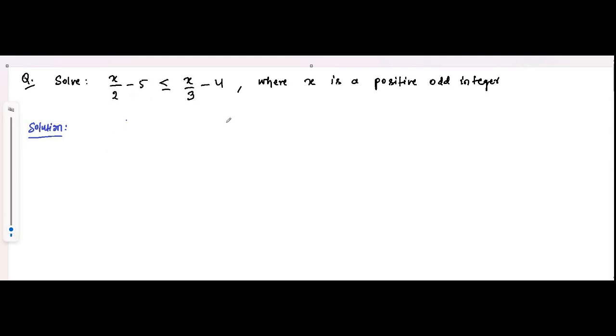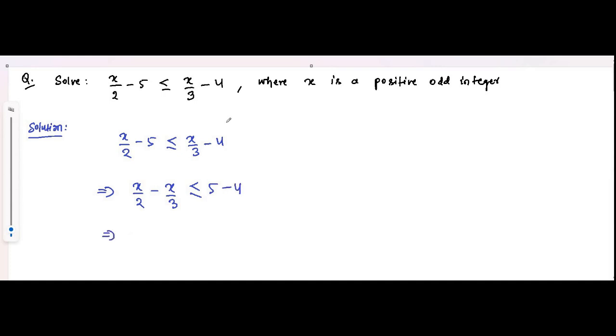Okay, so here first what we will do, we'll bring the x terms on one side and the constants on the other side. So x by 3 will go to the LHS side, it will become minus, and minus 5 will go to the RHS side, it will become plus. That implies x by 2 minus x by 3 is lesser than or equal to 5 minus 4.